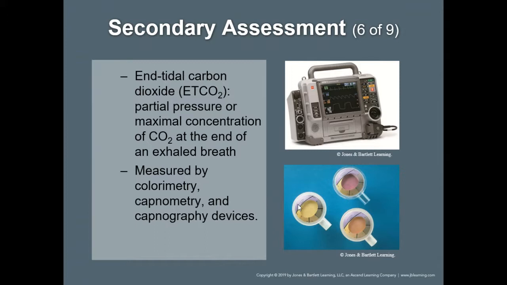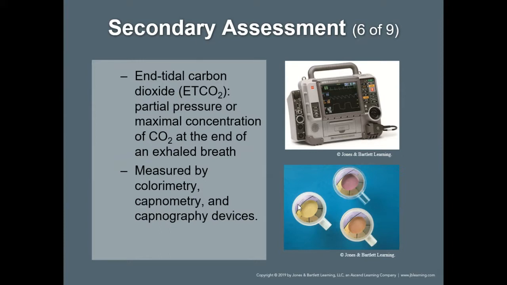If the CO2 level goes above 45 millimeters of mercury, it means your patient is breathing too slow. If the CO2 level drops below 35 millimeters of mercury, it means your patient is breathing too fast.